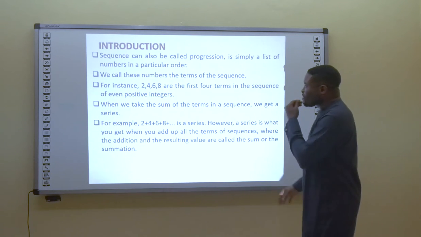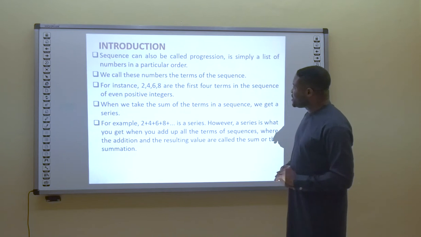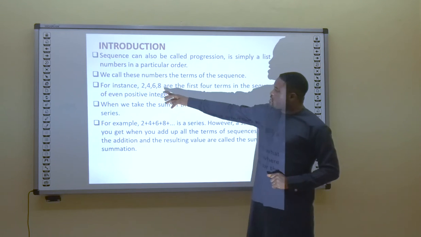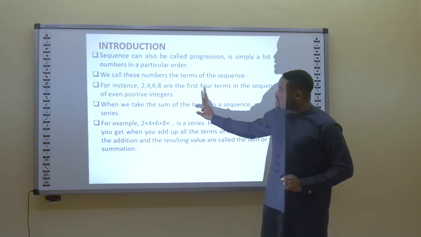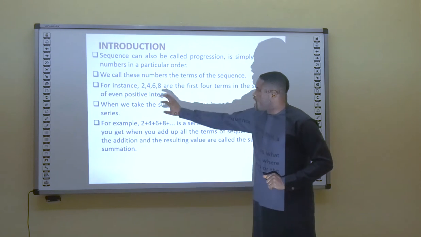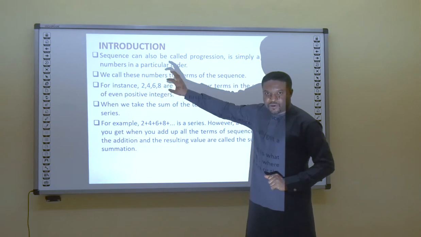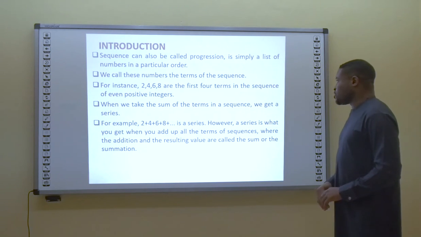Now, when you look at this example on the slide, you see that we have 2, 4, 6, 8 for the very first 4 terms in this sequence of even positive integers. They are even positive integers because they are positive and they also are even in nature.